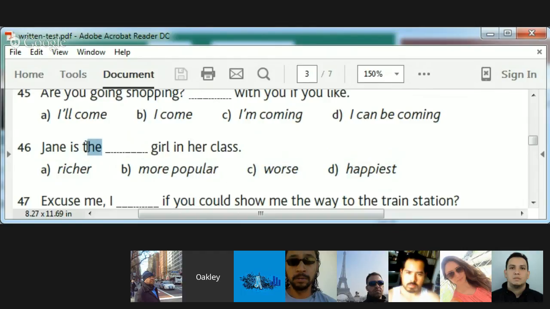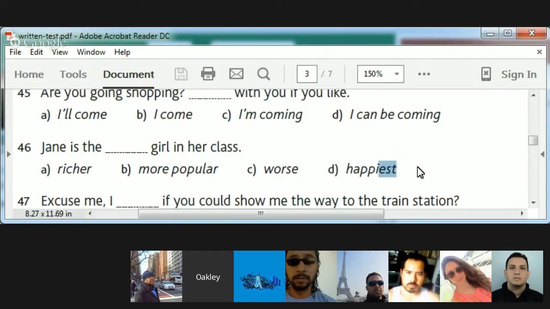We use the with the superlative. The superlative form means out of all, the number one. So she is the happiest girl in her class. This is the only one with the est ending.